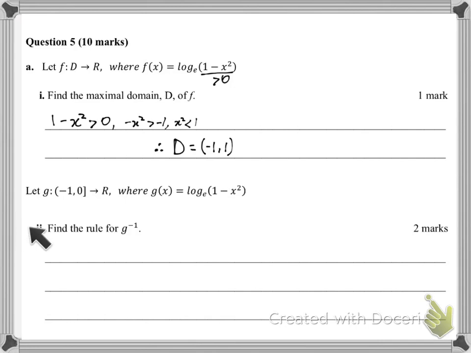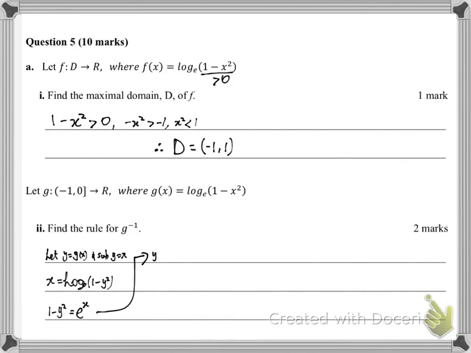Next question, we've got this g of x, same function, but now it's restricted from minus 1 to 0. Okay, so it's almost like half the implied domain. And we have to find the inverse function. So we sub y is equal to x, and we transpose and try and solve again for y pronumeral.